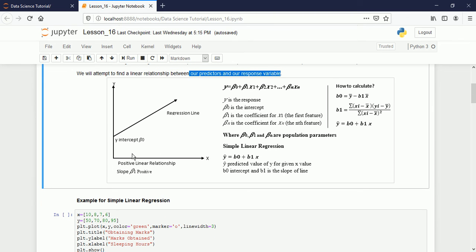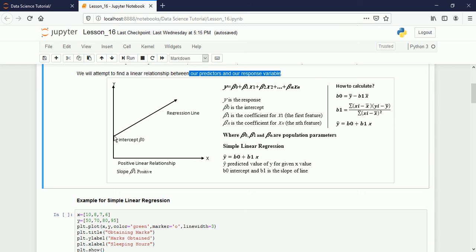Now let's see here, friends. In linear regression, we can show this in two dimensions like this. We have x-axis and y-axis, and this line is called the regression line. From this regression line you can easily understand the relationship between the features, whether the features have a negative relationship or positive relationship, or there is no relationship in between.